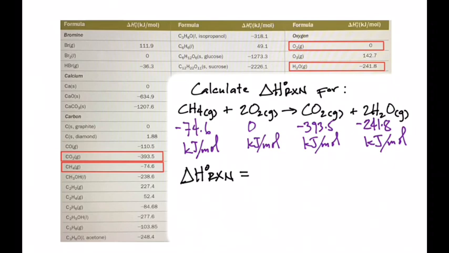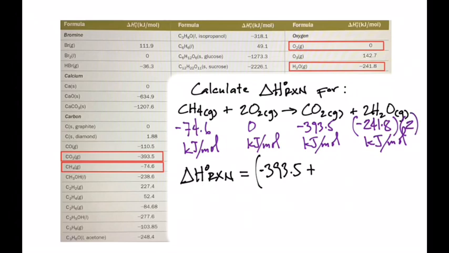So here we have the products, negative 393.5 plus, and because we have 2 moles of water, we're going to multiply this by 2.